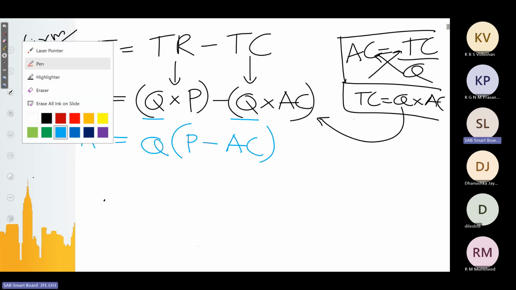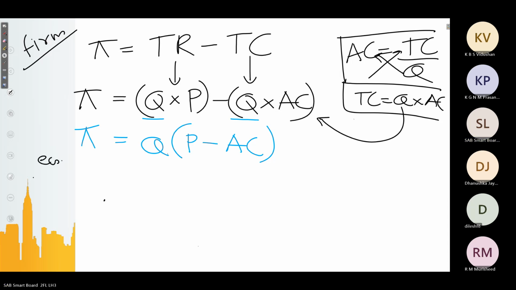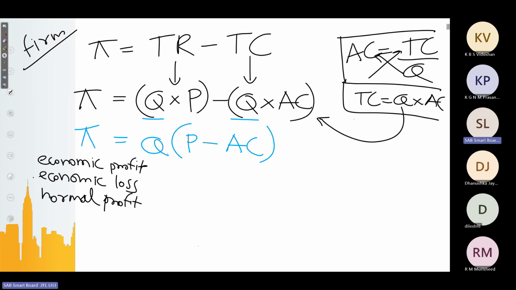This profit can be economic profits, or it can be an economic loss, or it can be a normal profit, or a break even. Normal profit is also called a break even. When economic profit is there, profit is a positive number. When economic losses are there, profit is a negative number. When there is a normal profit, profit is 0.